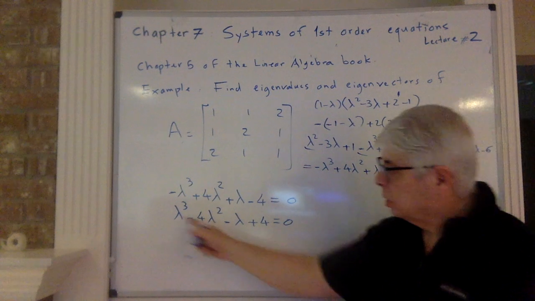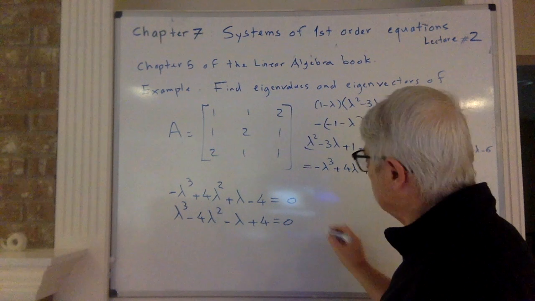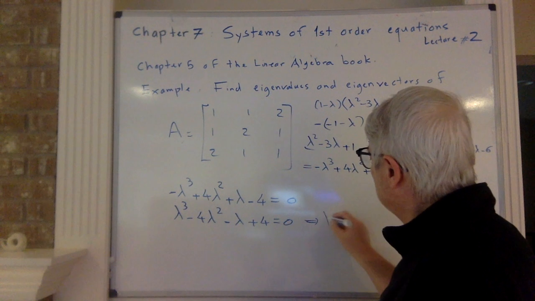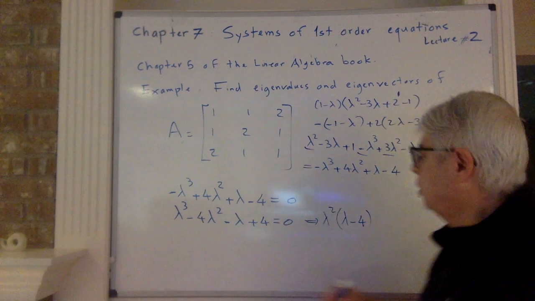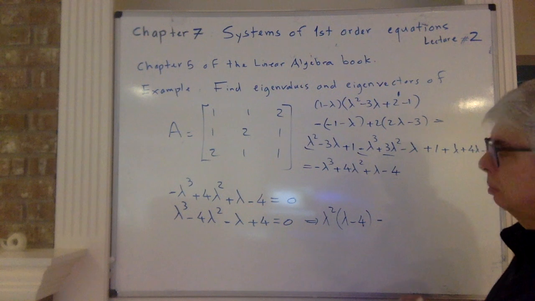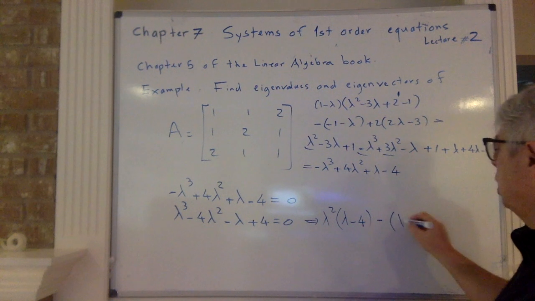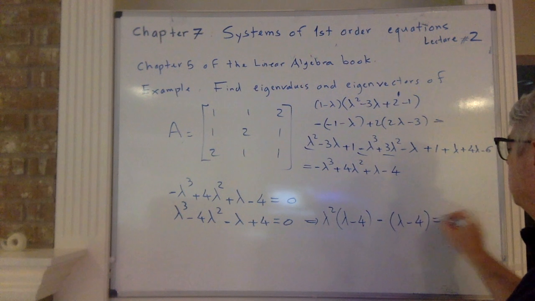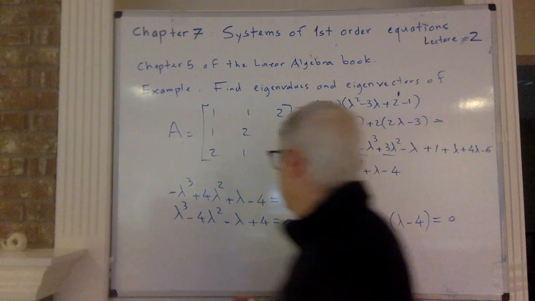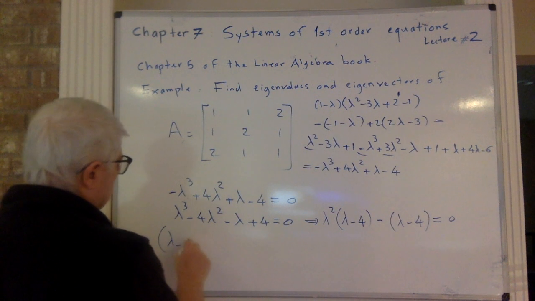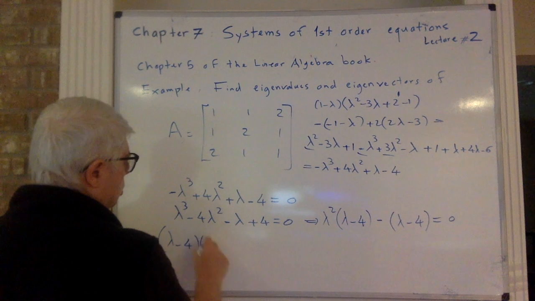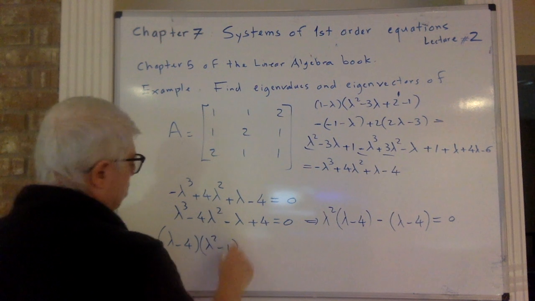Now, I can factor lambda squared here. So I have lambda squared times lambda minus 4. And I can factor minus 1 here, right? So minus lambda minus 4 is 0. So if I factor lambda minus 4, then I will get lambda squared minus 1.